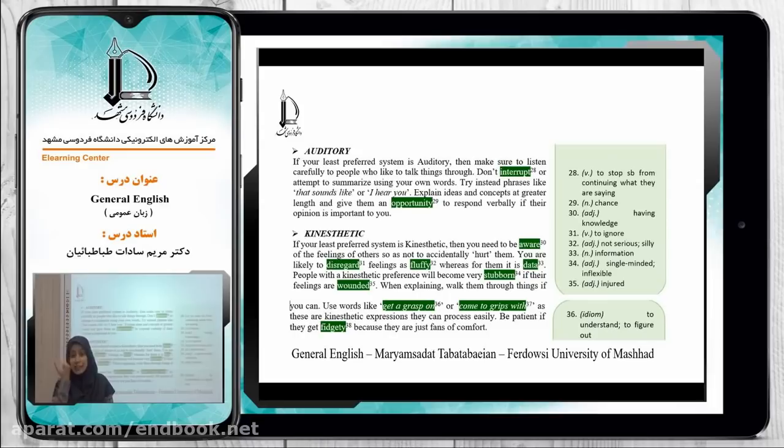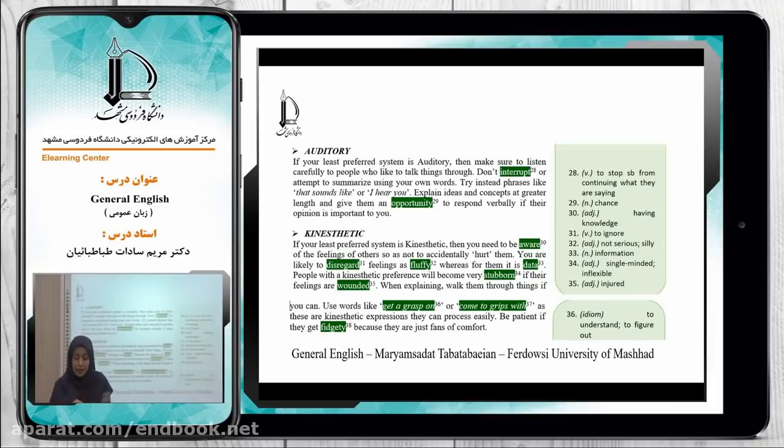Then we've got kinesthetic people. You remember that they liked movements, touching, and their environment had to be full of crafts. Do you remember that? So, if you are not a kinesthetic type, if you don't use your kinesthetic system much, then you need to know that feelings are important to these people.